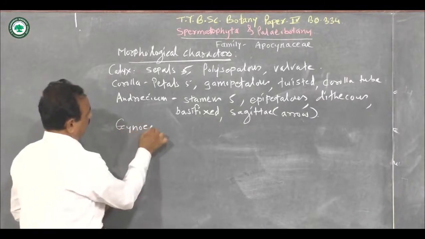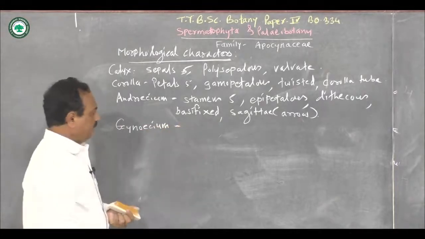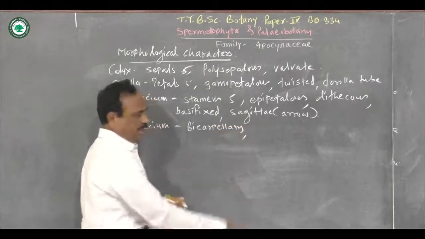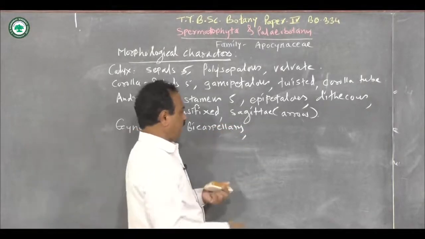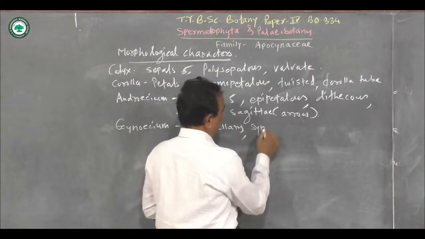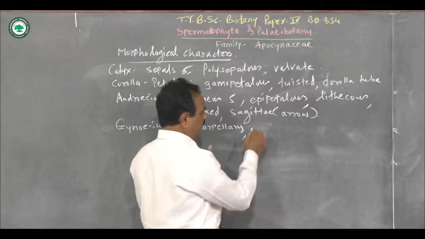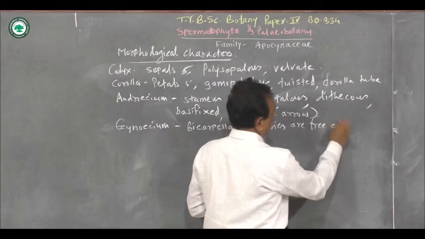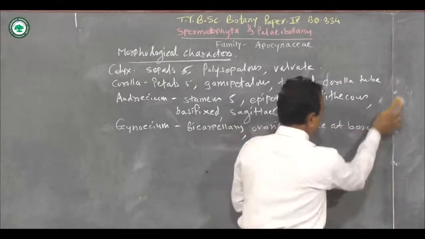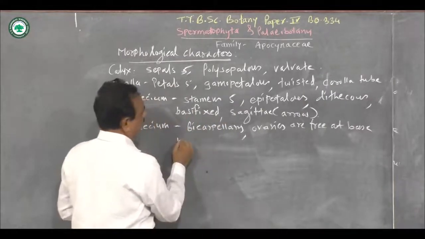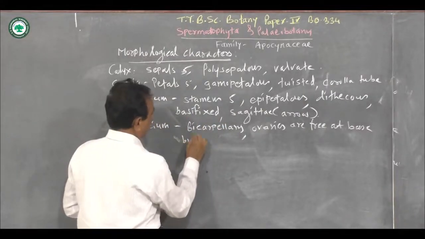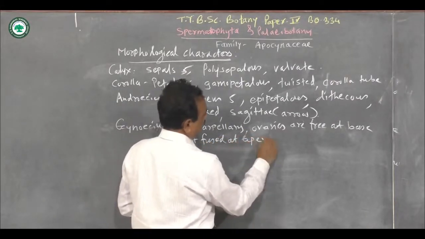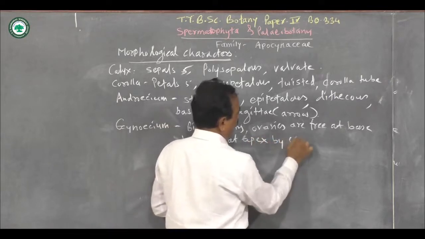Then the gynoecium. It shows the presence of bicarpellary, that is, the presence of 2 carpels. Here the ovaries are free at the base, but they are fused at the apex by a common style and stigma.